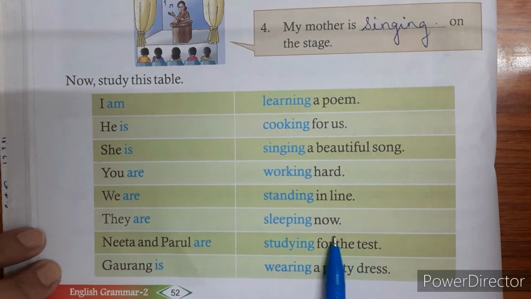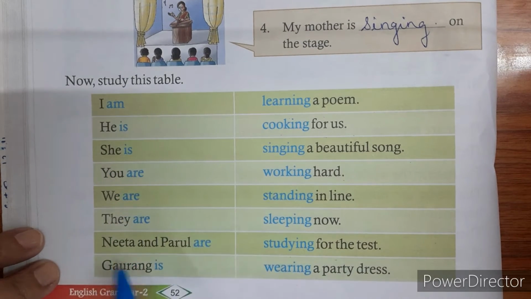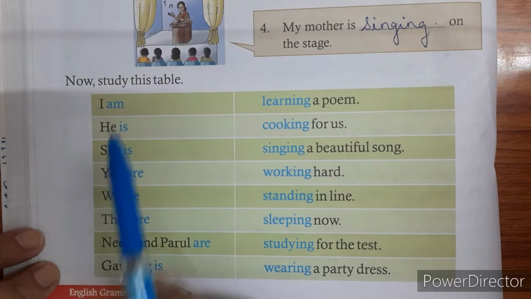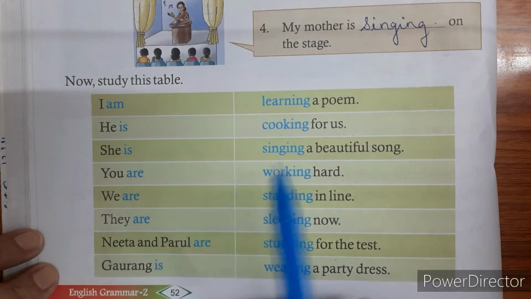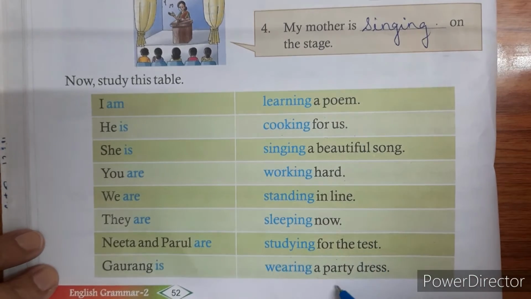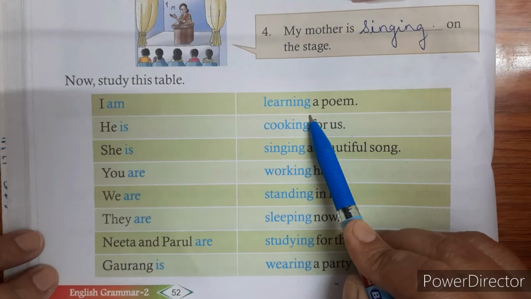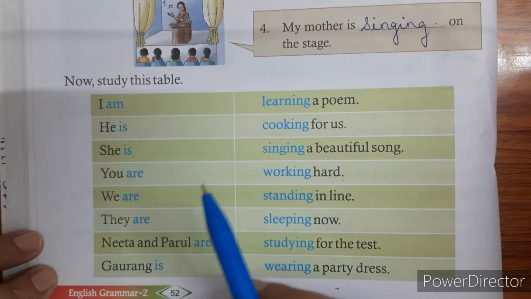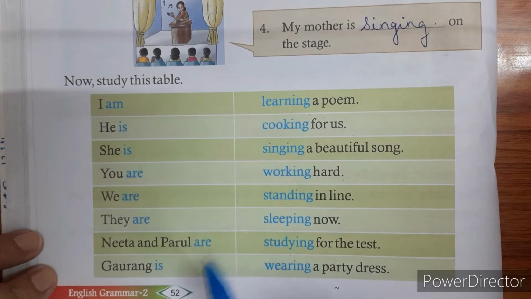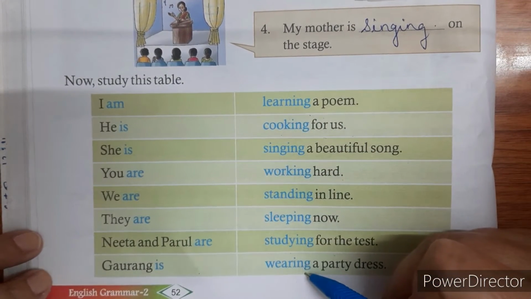Now, if you look carefully at this table, students, you will see on the left hand side, that is the first part of the sentence, there are verbs which are in blue. Whereas in the second part of the sentence, there are also verbs which are inked in blue color. Now, am, is, are, these are also verbs, and learning, cooking, singing, and so on are also verbs.